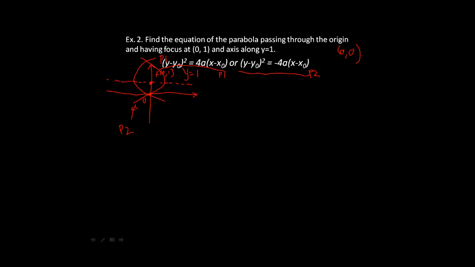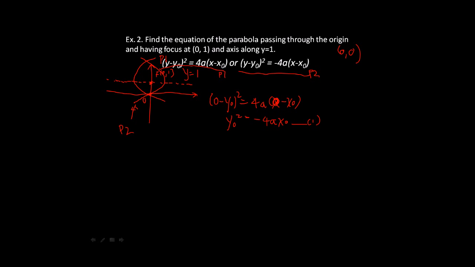So if we plug in, we will have 0 minus y naught square equals 4a times (0 minus x naught). Alright, so we have y naught square, we have 4a times 0, which is 0, and then 4a times minus x naught, we have minus 4a x naught. This is equation number 1.